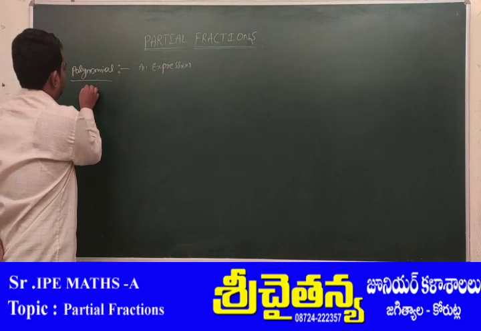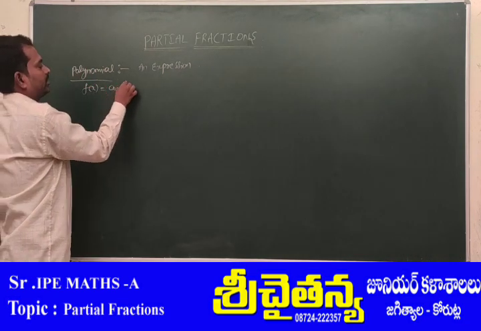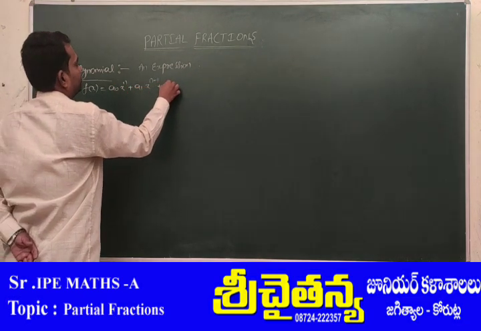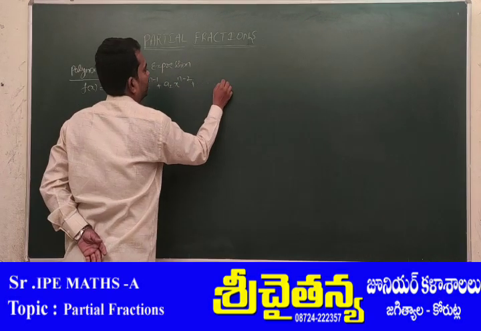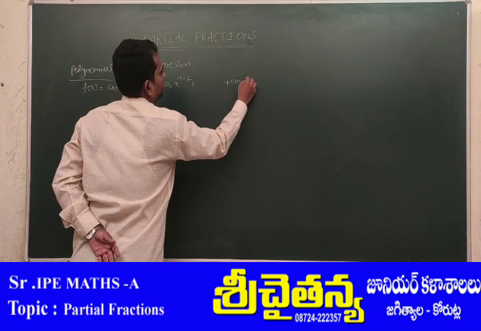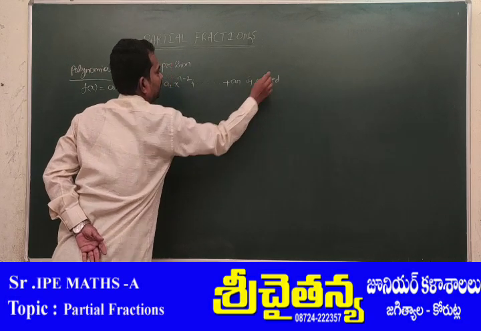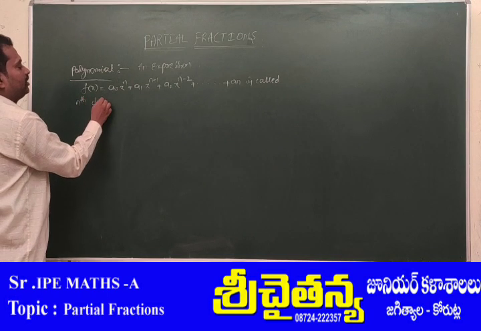f of x equals a naught x power n plus a1 x power n minus 1 plus a2 x power n minus 2 plus and so on, plus an, is called an nth degree polynomial.